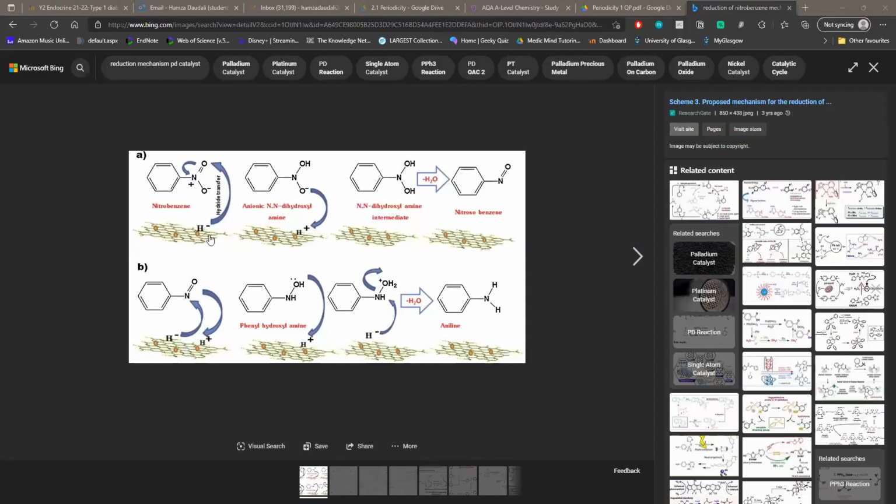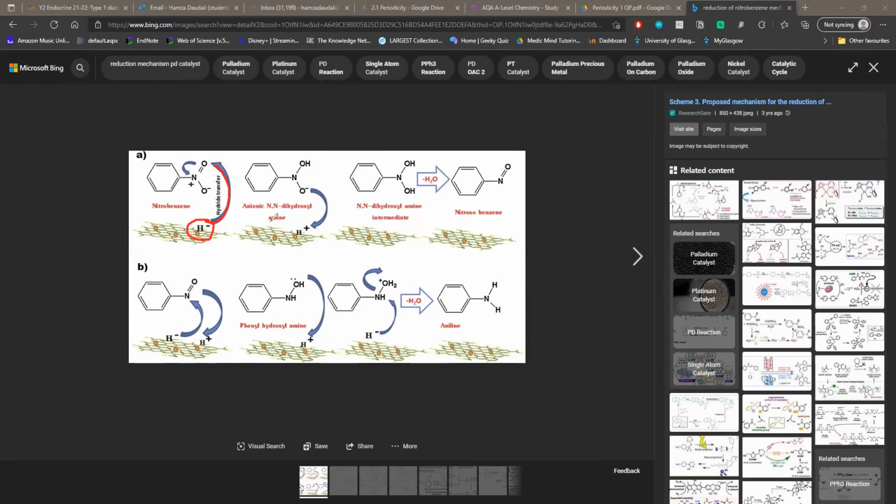So basically, what happens is, the OH minus, so sodium hydroxide, basically releases this hydride ion. This hydride ion will then break the bond in nitrobenzene, the double bond between N double bond O, and create an OH group.